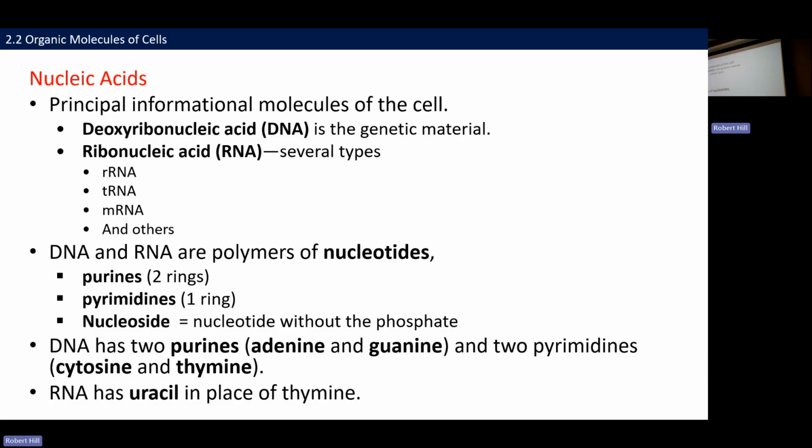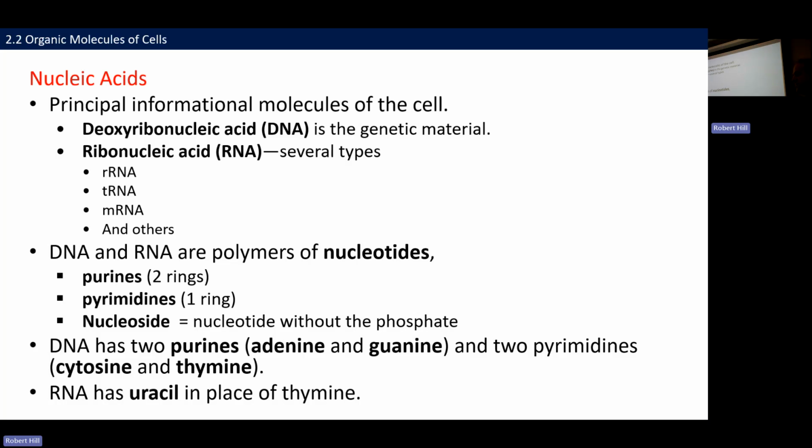Moving on, nucleic acids. It's a little easier because there's only two types of nucleic acids, DNA and RNA, but the way that they're built and the way they work is a little more intricate. DNA stands for deoxyribonucleic acid, which means it has a sugar part, which is the deoxyribose. It has a nitrogen-containing basic region that is also attached to that.